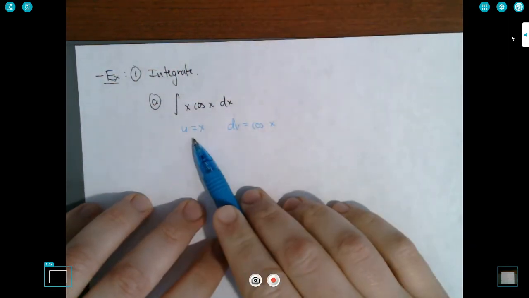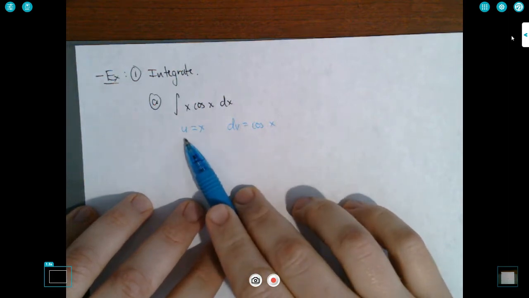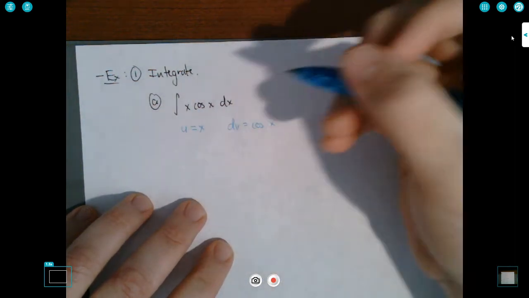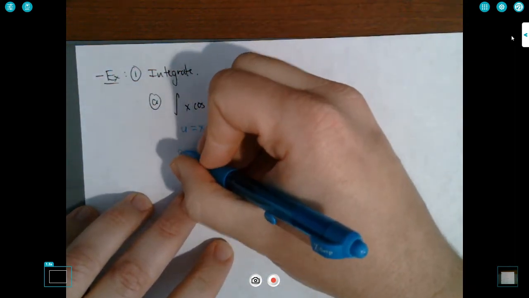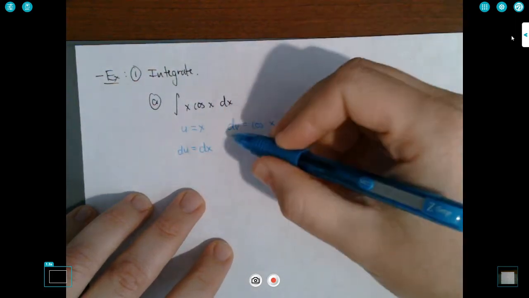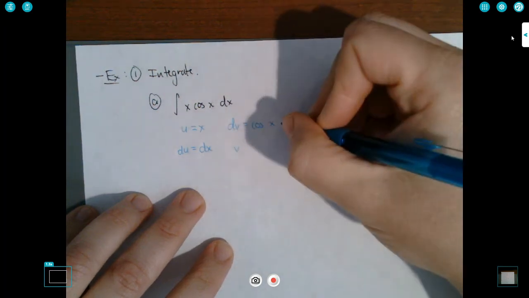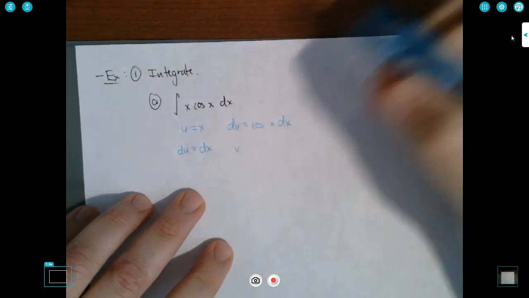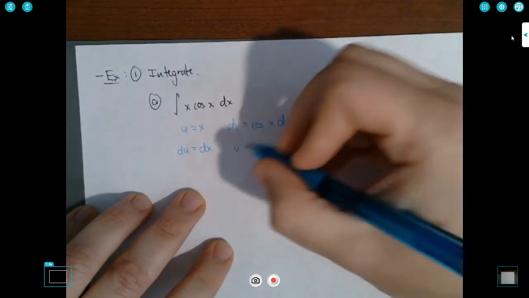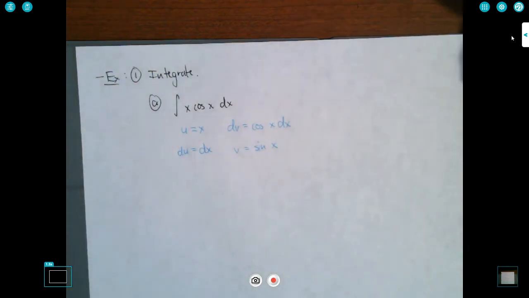In other words, u is the thing that I'm going to differentiate, and dv is the thing I'm going to integrate. So if I differentiate u, then I get du equals dx. And if I integrate dv, then I'm going to get v. Now if I integrate this, I get v equals sine x.